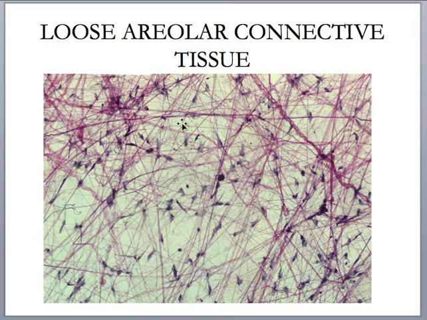So you can see the cells are really spaced apart. They're not connected by any cellular junctions. These cells would primarily be fibroblasts, which are producing the collagen and elastic fibers that get excreted to the extracellular matrix.